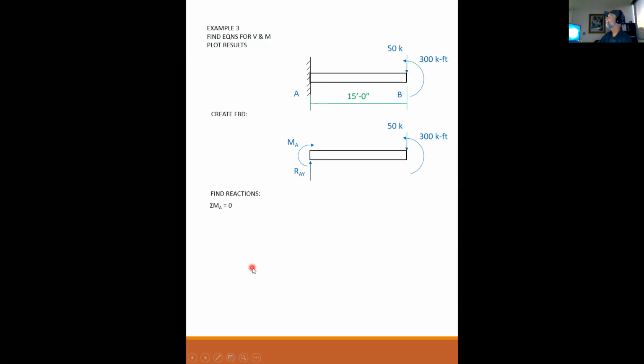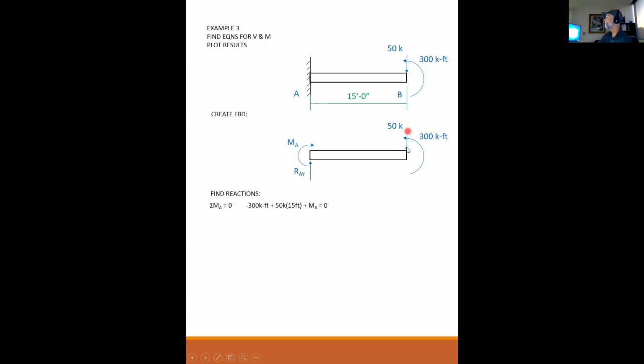We're going to sum our moments about A equal to 0. And summing moments, I have this 300 that is tending to turn the body counterclockwise, so it's negative. Again, it doesn't matter where the 300 is applied. There's no moment arm, if you will, because this is already a moment.